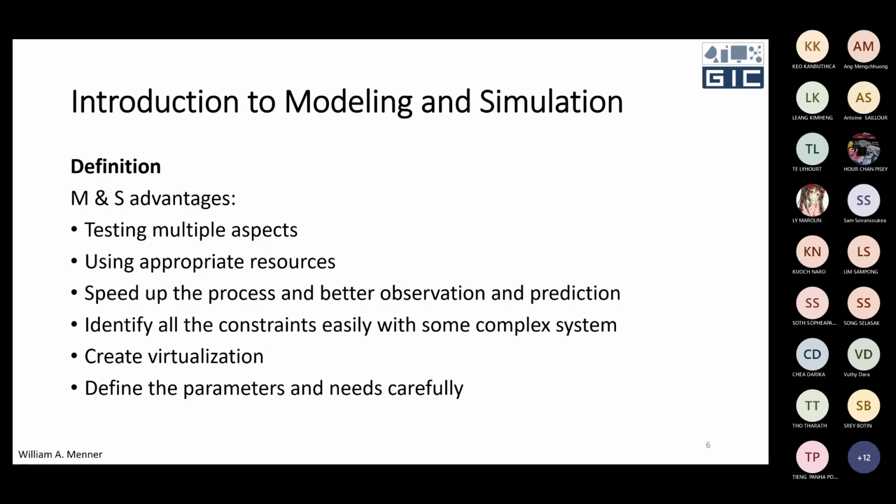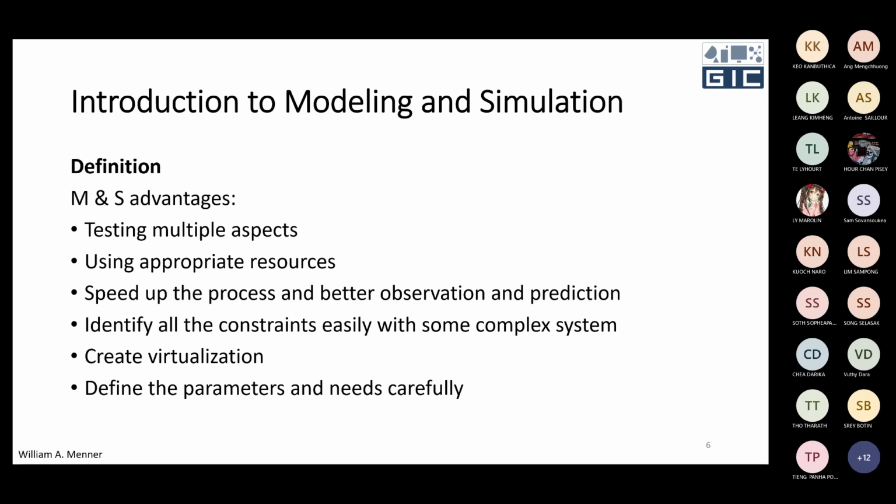So when you develop your system into the real one, it will be easy for you to develop it. You can speed up the development. And after that, you will know that, okay, if you run these functions, you will get this result.